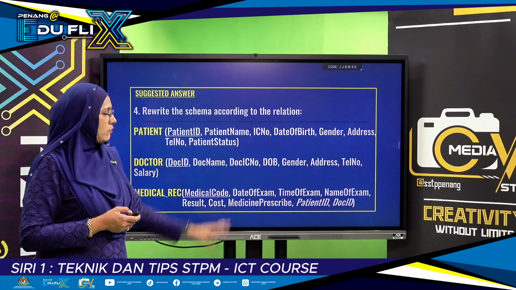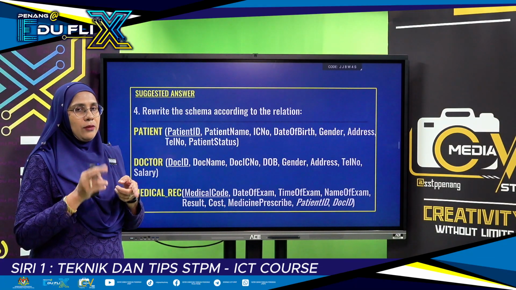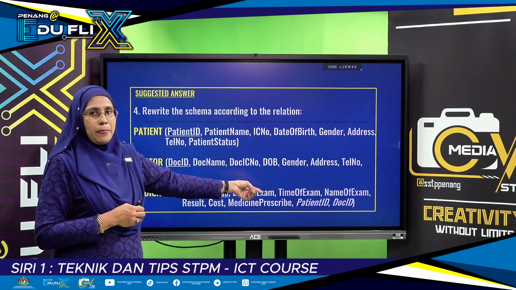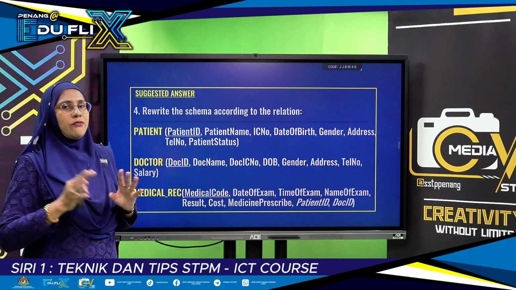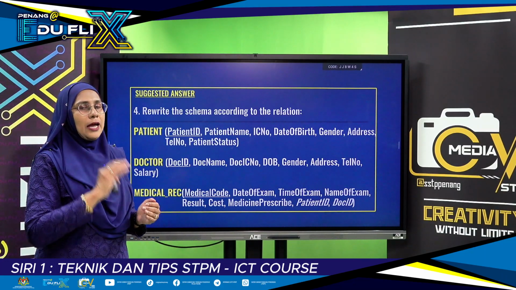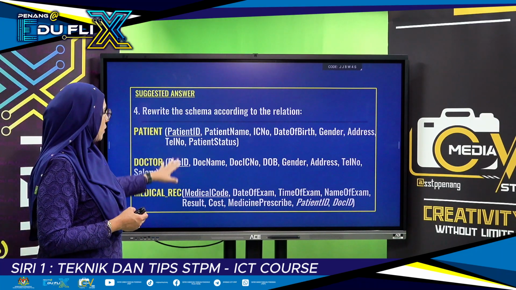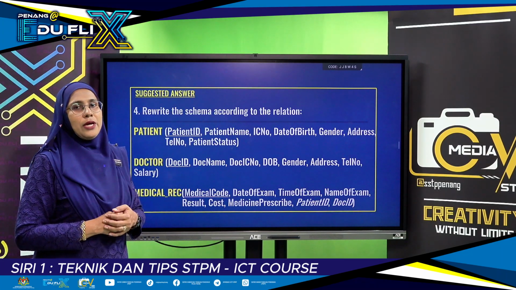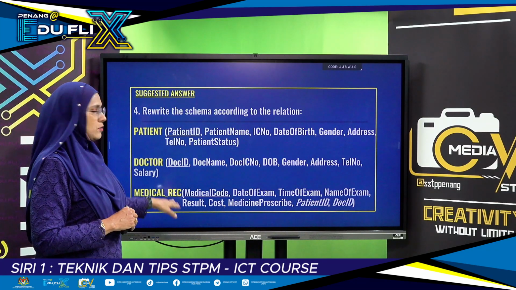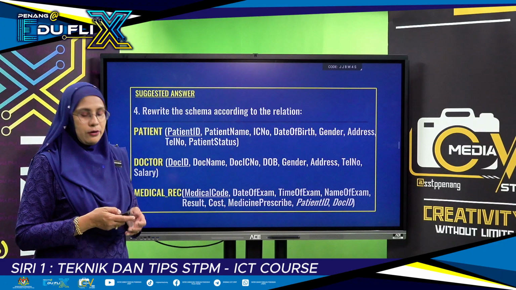Usually for foreign key, we will put it in the bracket and we write FK, or if you write here, we italic them, to show that is a foreign key. For primary key, because the question just now mentioned, identify the primary key. So how to show the primary key? Don't forget to underline. Primary key, we underline. We have marks here for underline. So if you don't underline, you miss the mark. So read the question carefully.